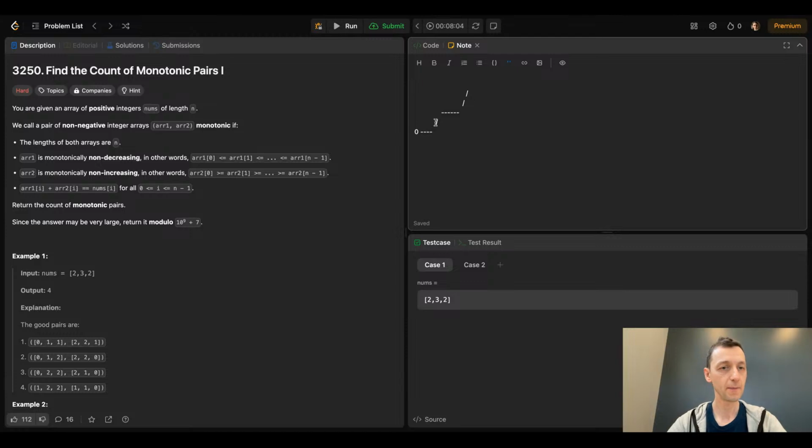So the first one is non-decreasing, the second one is non-increasing.